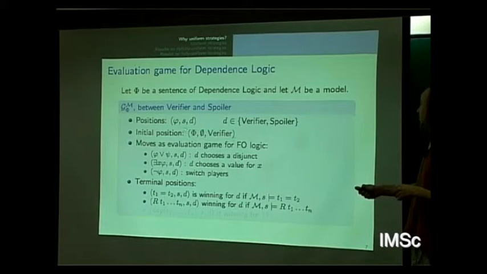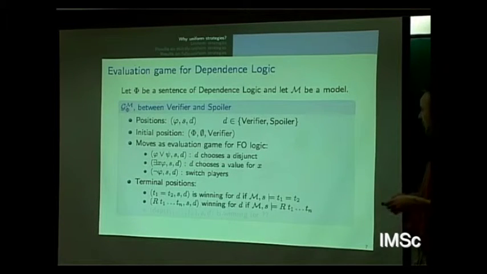So it starts in this position. And the moves are like for first order logic. So in a disjunction, the player in charge chooses the disjunct. For an existential quantification, the player in charge chooses a value for x. And when there's a negation, you switch players.